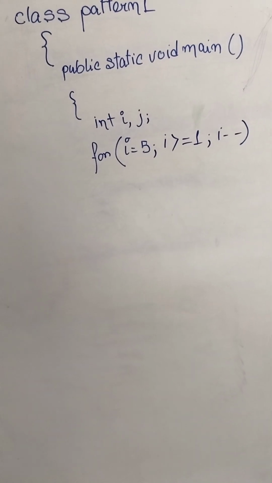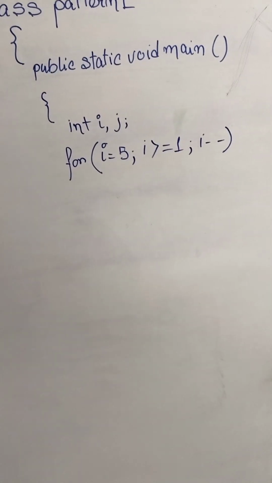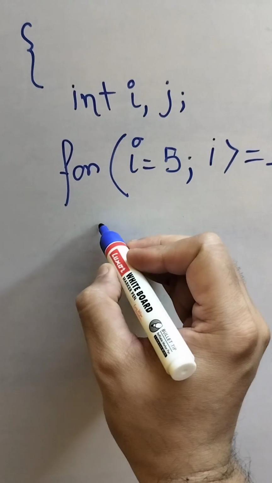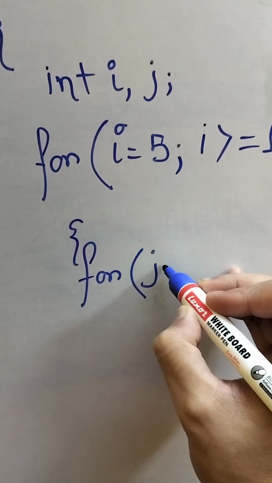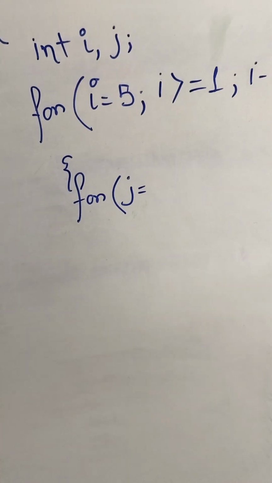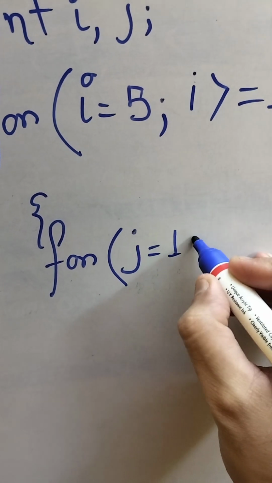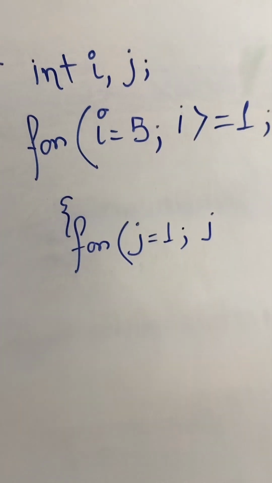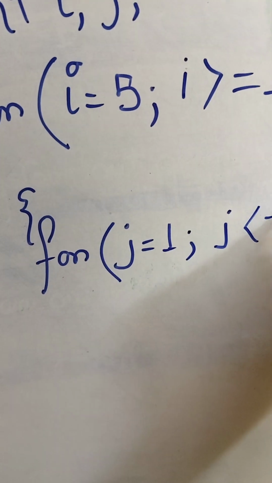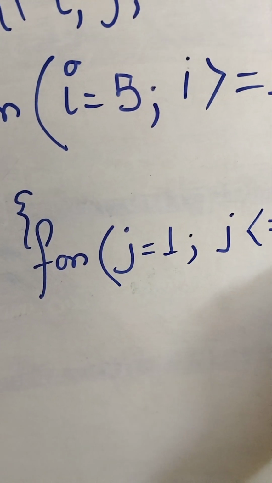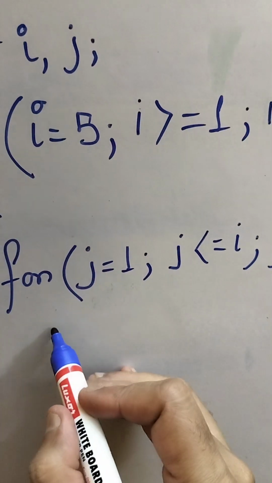Now I have to write the inner for loop. Obviously I am going to explain it later. Then the inner for loop: for j is equal to 1, okay, j starts from 1; j less than or equal to i; and now j will be incremented.